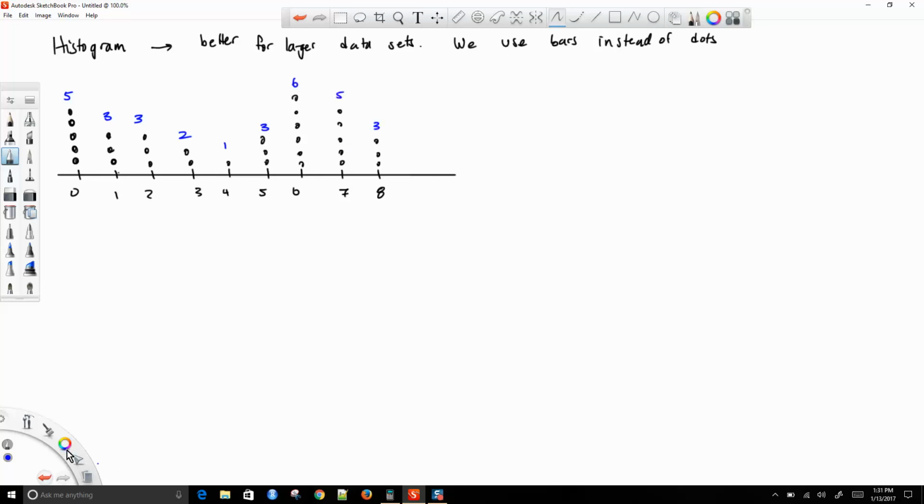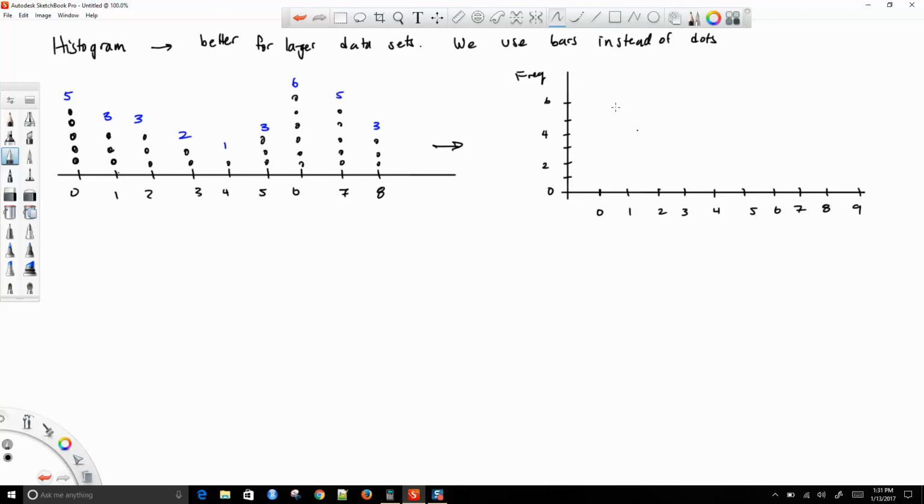And so this just becomes, I have a bar for the height or the frequency, 0, 1, 2, 3, 4, 5, 6. And across the bottom I put values 0, 1, 2, 3, 4, 5, 6, 7, 8. And we put bars at how high they should be.